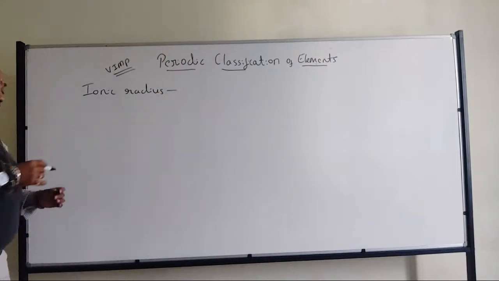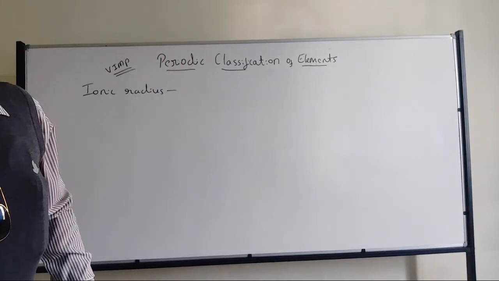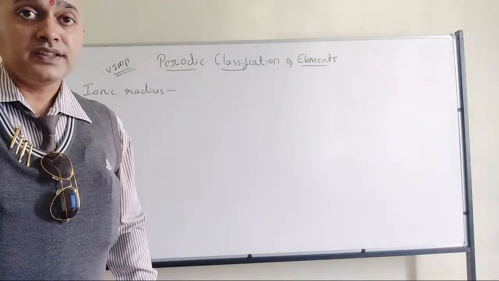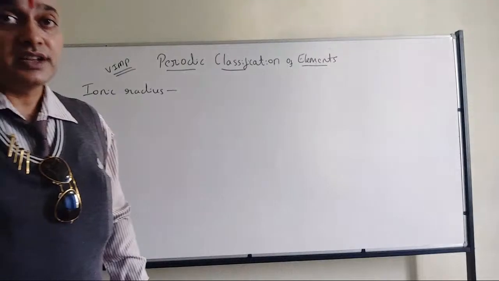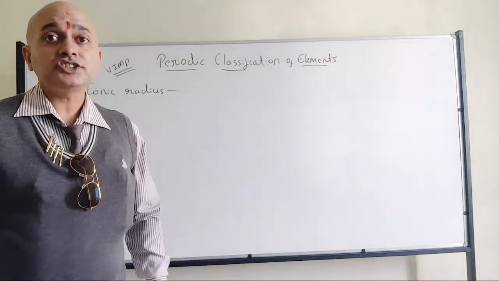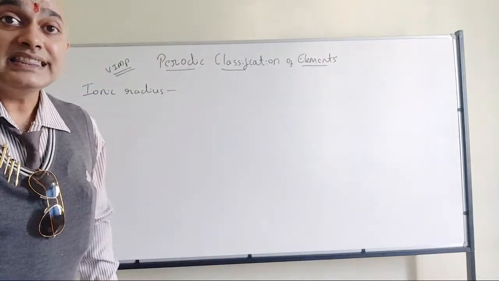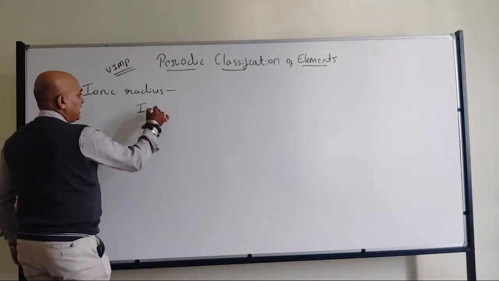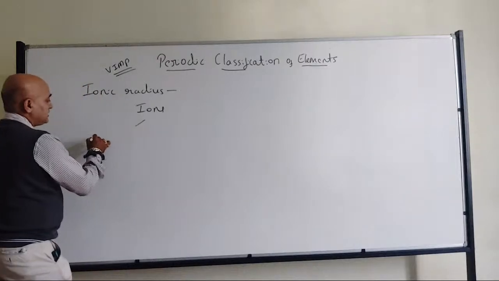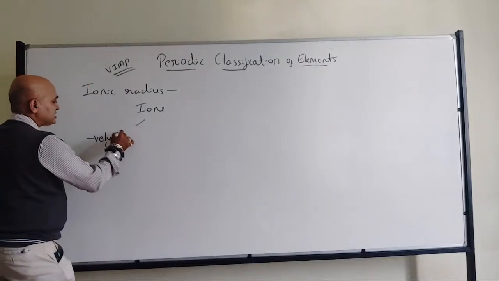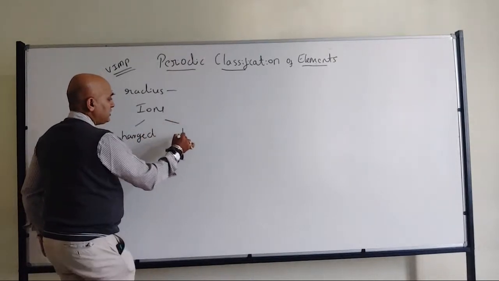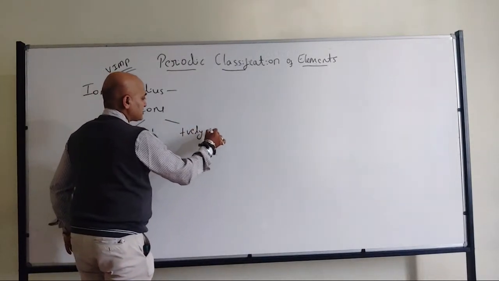First one was atomic size. Atoms are neutral, but ions are not neutral. Ions will have charge. They can have a positive charge or a negative charge, right? So we can have ions either negatively charged or positively charged.